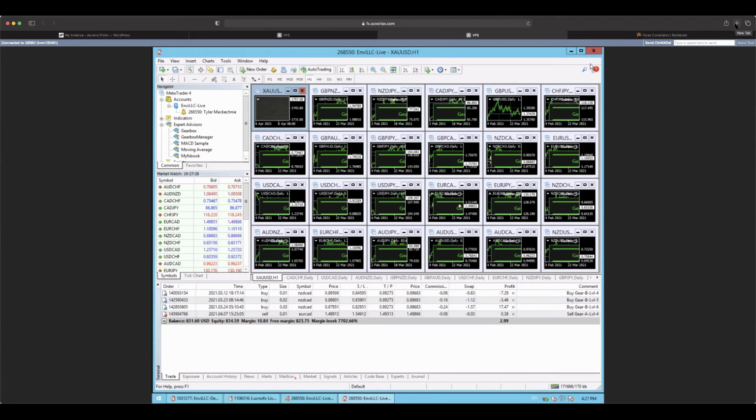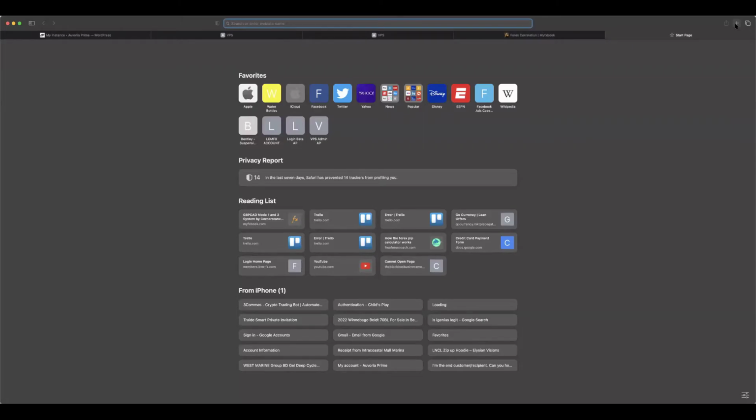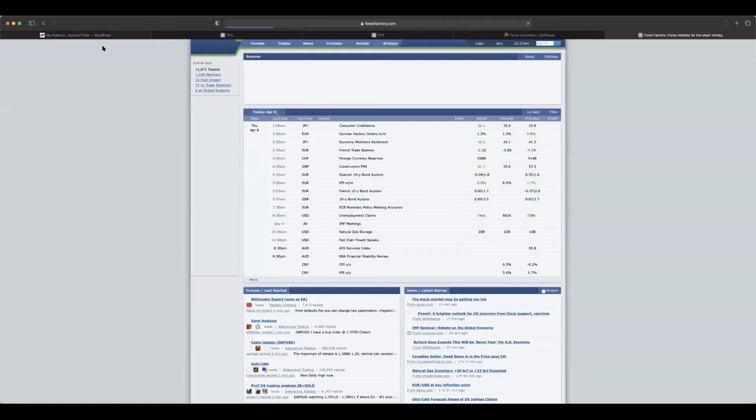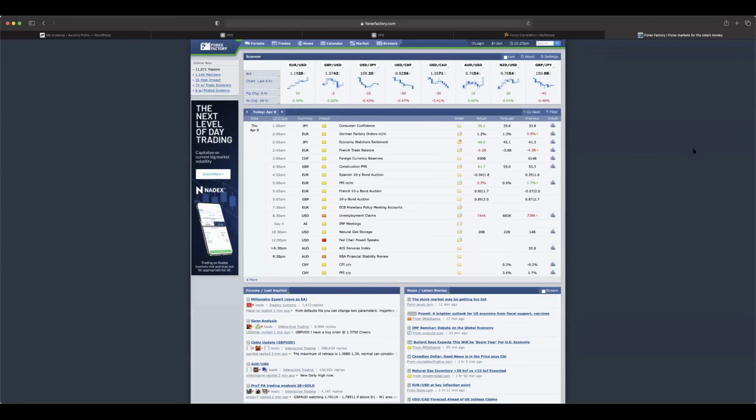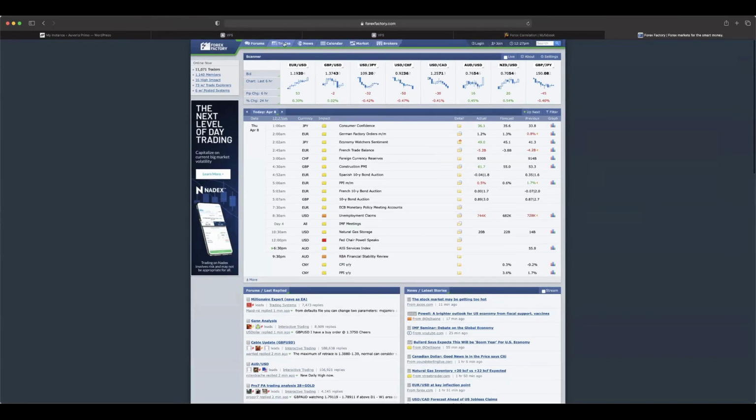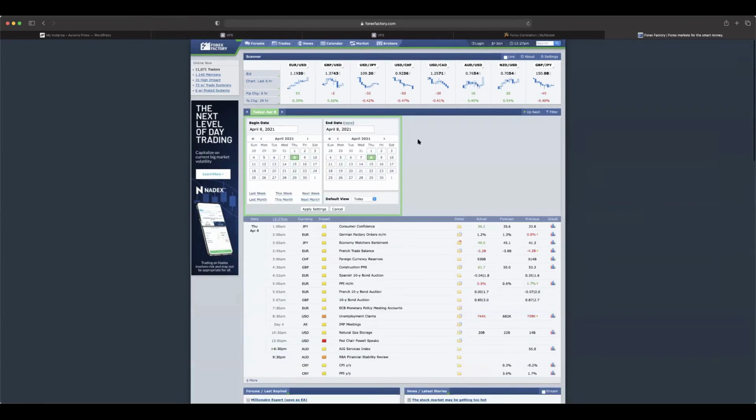All right, let's get into Forex Factory. All right, take a look at the news for the upcoming week here. So the 10th, there's 17th, let's apply.